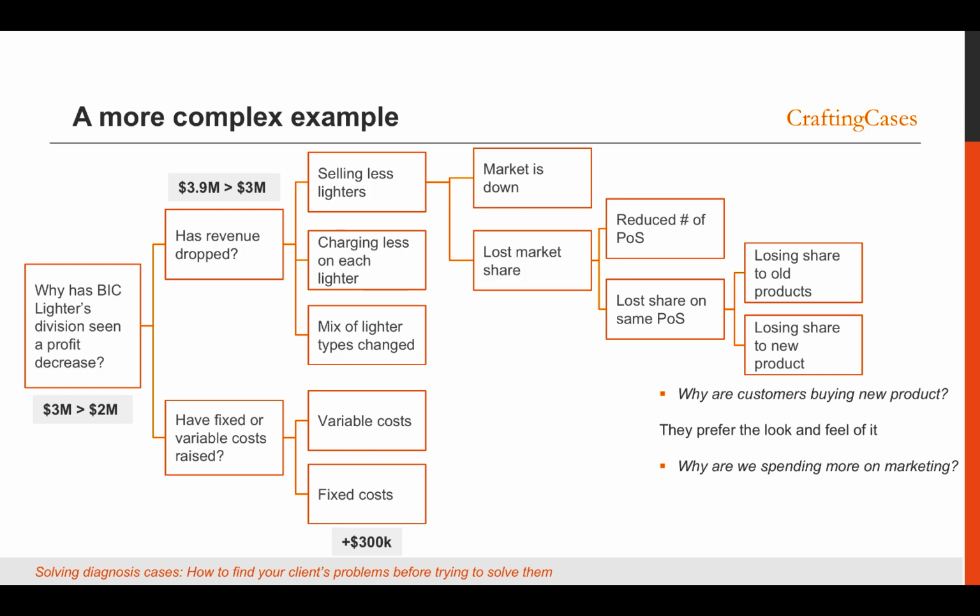But let's say they just give me the answer, well, we're spending more on marketing as a reaction to this new product. My answer to this is, well, Big Lighters have seen a profit decrease because a competitor has introduced a new product, and many customers prefer that product over our product. We've made the profit decrease worse by spending more on marketing.